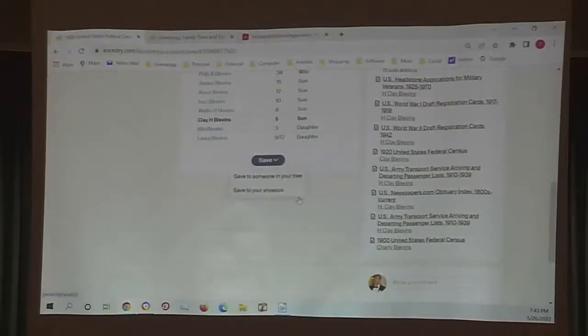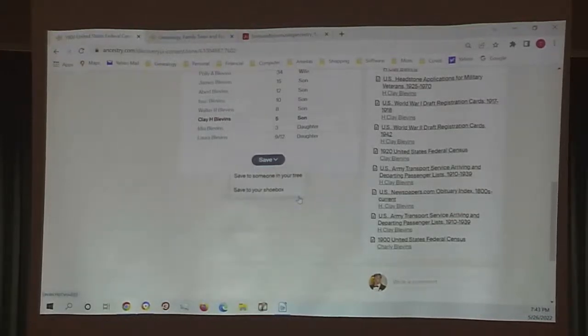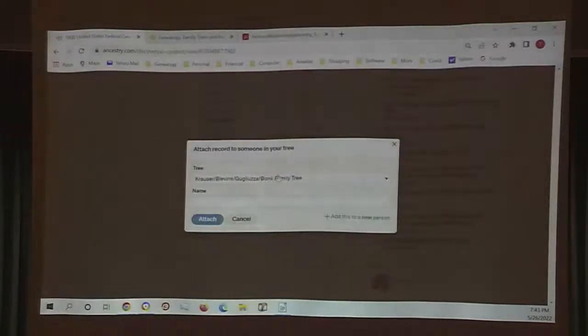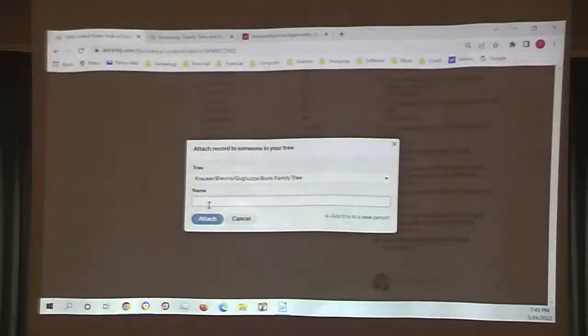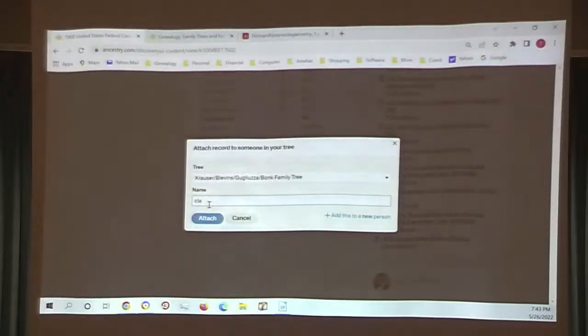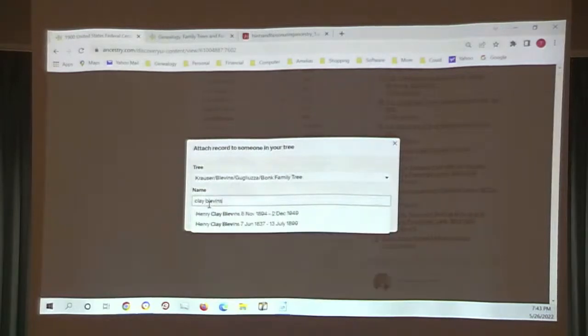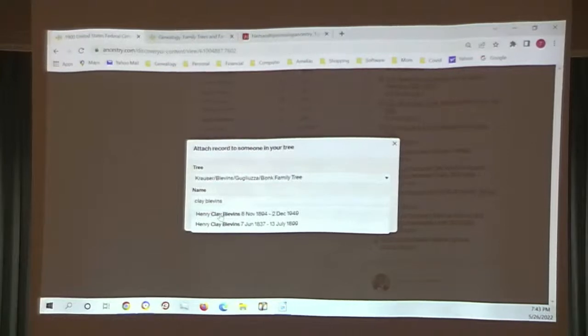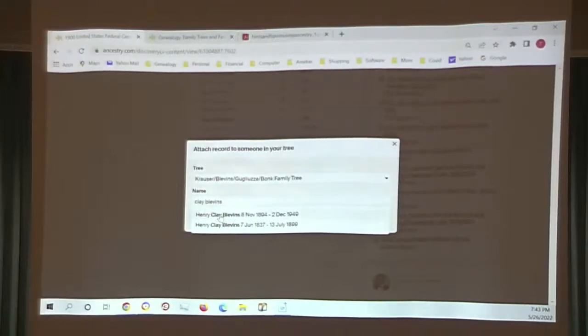Once I save it, it didn't seem to like me to save it to a second tree, or second person. So maybe that's just something I have to find. All right, but if I click save to someone in my tree and I put Clay Blevins, I can choose him and it will save that record to that person also, okay?